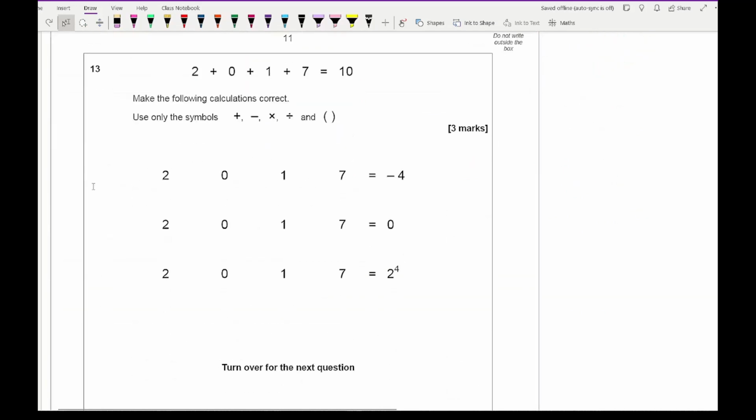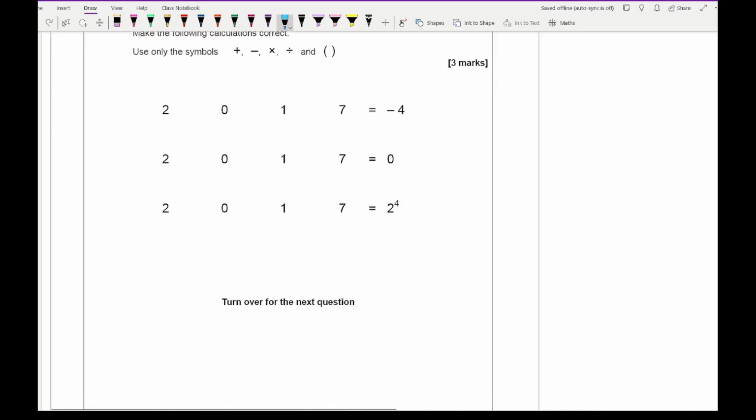Looking at question 13, it says make the following calculations correct by adding a plus, minus, times or bracket. Now for this, there's loads of different answers you could have, and again, all I'm going to go for is suggested answers. So my initial thought is to add those two numbers to make 3, take away the 7. The 0, what you want to do is just multiply one of them, making the number 0.